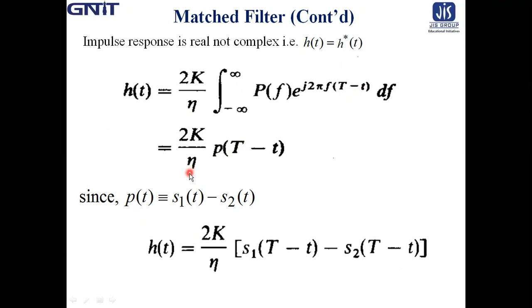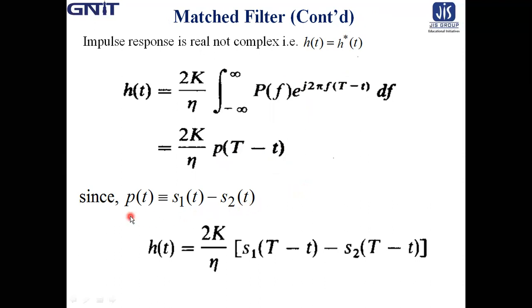Therefore h(t) equals 2K by eta times p(T minus t), which is the Fourier transform of P(f).